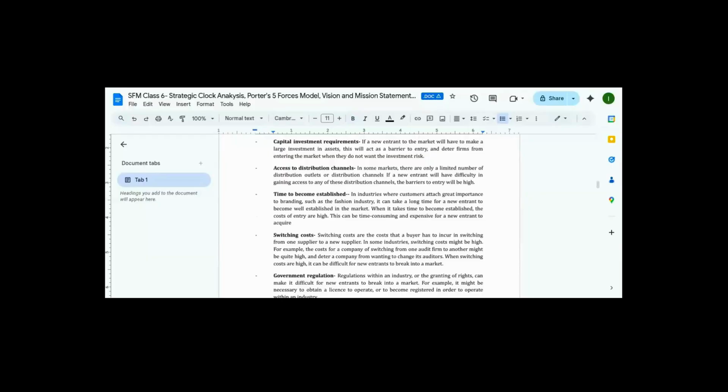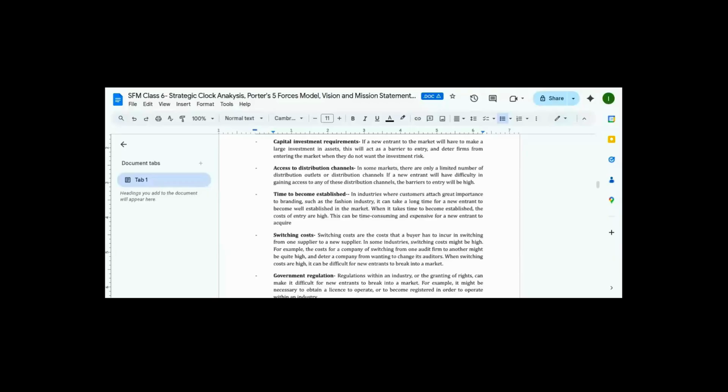So if the time to establish the brand will be longer, then it will cause a lot of financial crisis for the company. As a result of that, the new entrants will not launch their products. For you to understand further, you can see in industries where customers attach great importance to branding, such as the fashion industry, as an example, it can take a long time for a new entrant to become well established in the market.